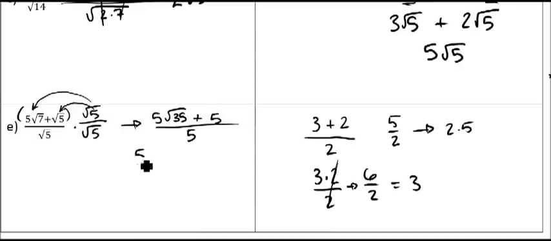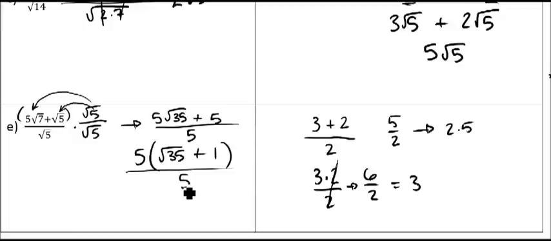My numerator then would become 5 times the quantity of the square root of 35 plus 1. And again, if I multiply 5 times root 35, I get exactly this. And if I multiply 5 times 1, I get exactly 5. In my denominator, I have this 5 that's still sitting down here.